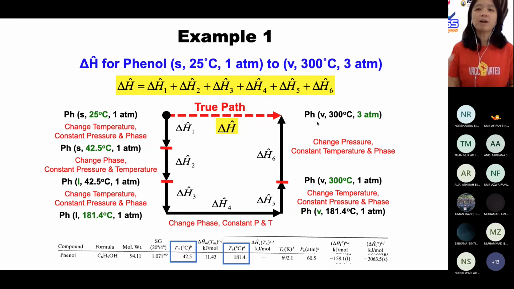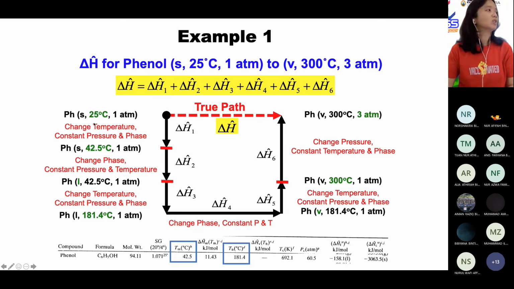So bila kamu ada perubahan fasa, kamu kena careful on the selection of the temperature of which it occurs. Okay, maksudnya macam ni. Contoh dalam kes ini, kalau ada perubahan fasa, okay, you have to first bring down to the temperature or bring up to the temperature of which it change the phase first.